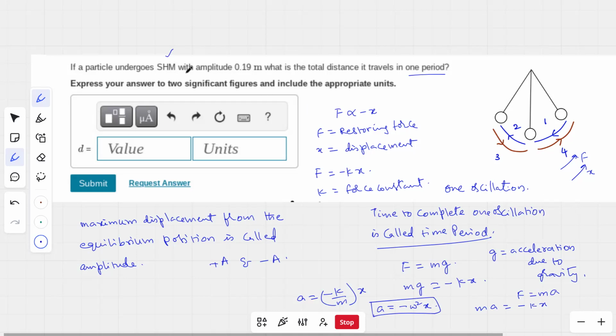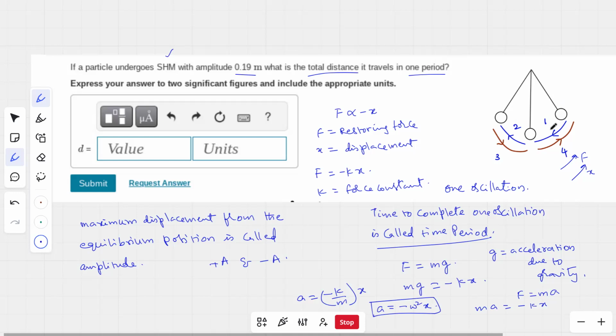Now here in the simple harmonic motion, he gave the amplitude as 0.19 meters. So this distance is 0.19 meters, and he is asking us to find the total distance it travels in one period. In one period, we pull the bob to one extreme.